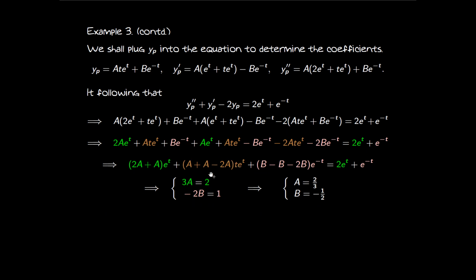For the middle term, this is just canceled out. And then clearly, you can get a is 2/3 and b is -1/2. Therefore, your particular solution is going to be 2/3 t e to the t minus half of e to the negative t.